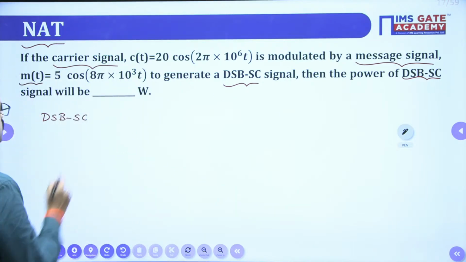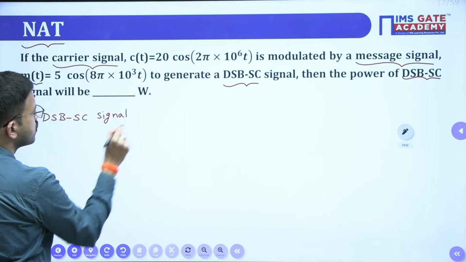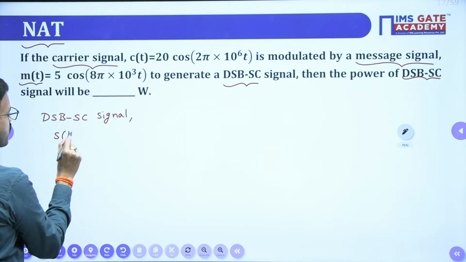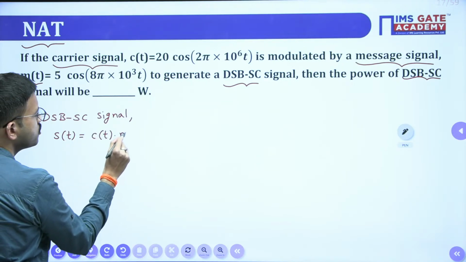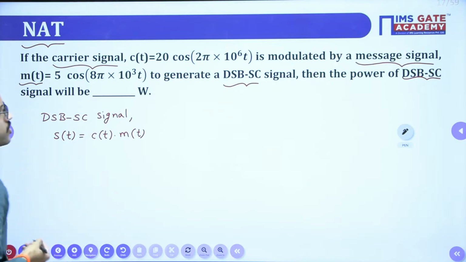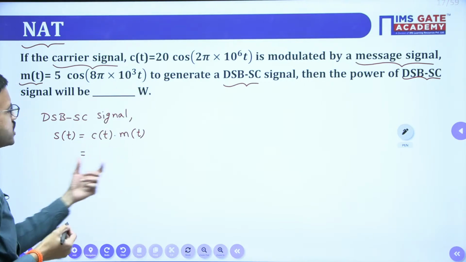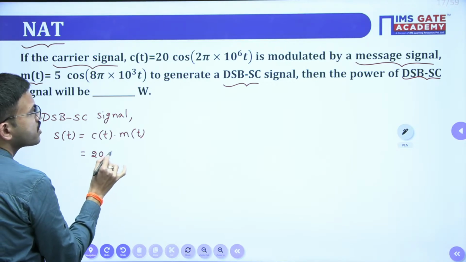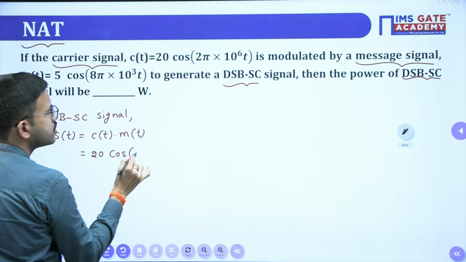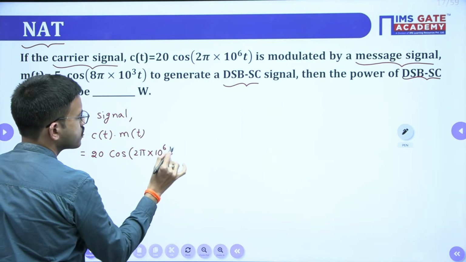Regarding the DSB-SC signal, S of t is nothing but the carrier signal and message signal, both multiplied. Whatever expression they have given regarding carrier and message, just substitute here. Regarding carrier, they have given 20 cos of 2 pi into 10 power 6 t.